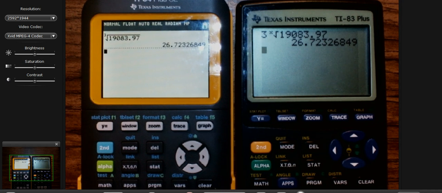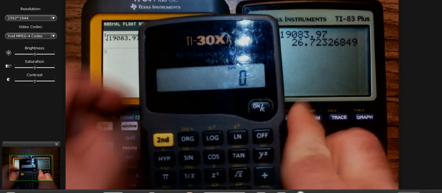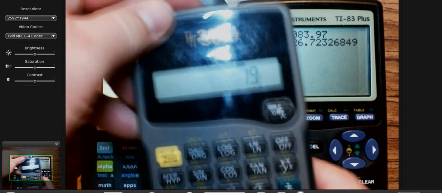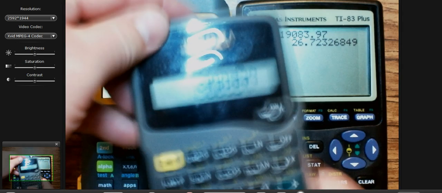Now, Mr. Singh, the one you have, the old school version that I had when I was in high school, I believe you type the number and then hit the cube root, or hit the xth root, and then type the number afterwards. Okay, so I need to do this. 19083.97.